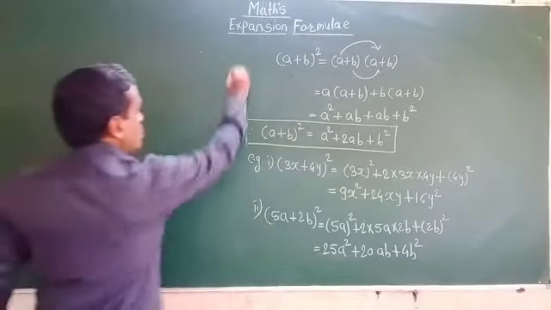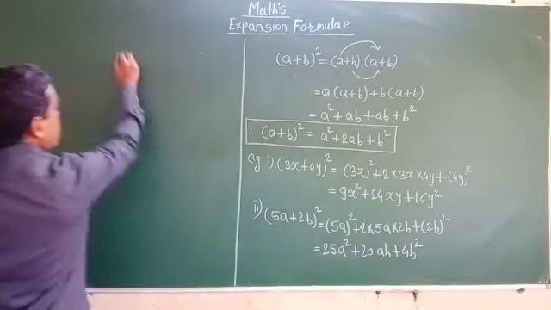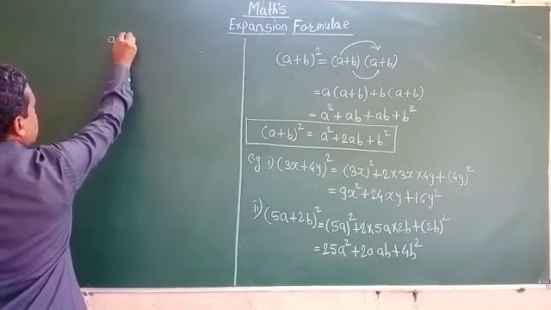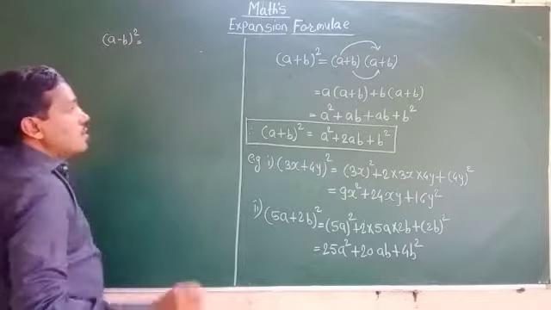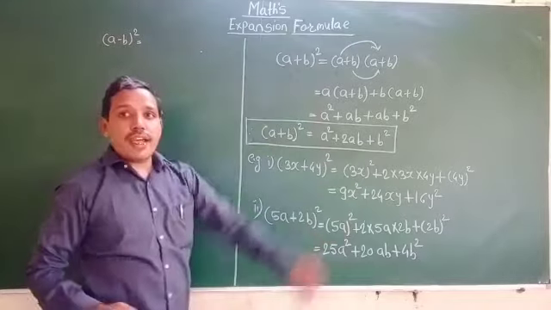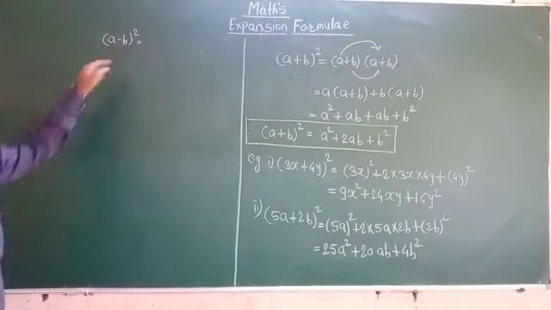So the next expansion is (A minus B) whole square. We got (A plus B) square, and now we have (A minus B) square.